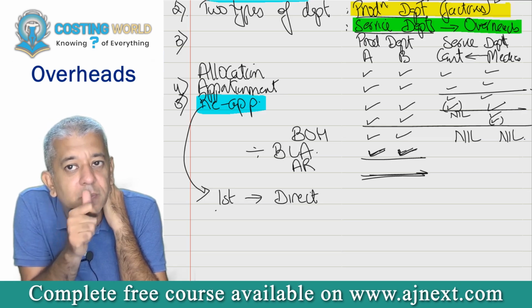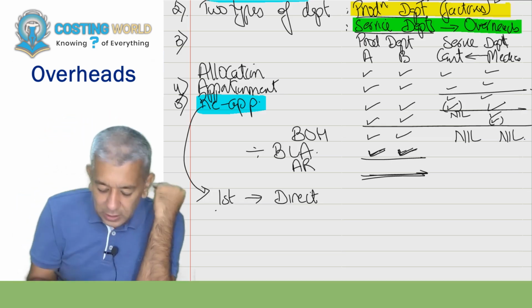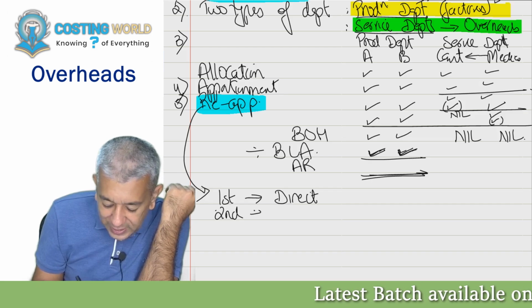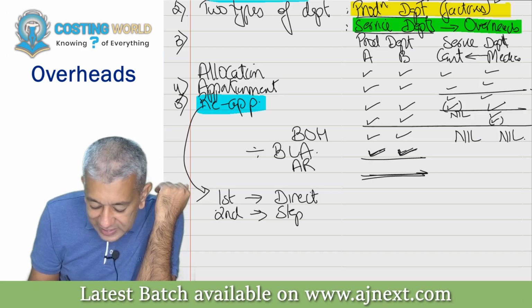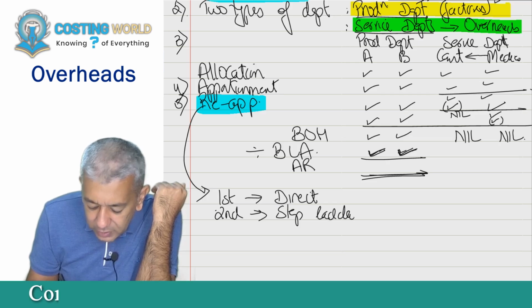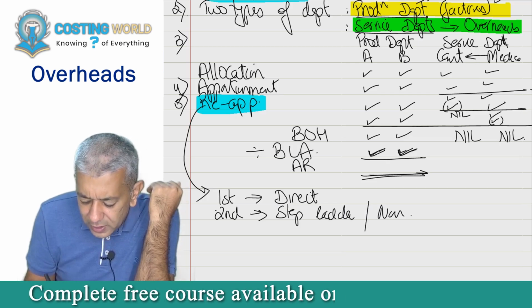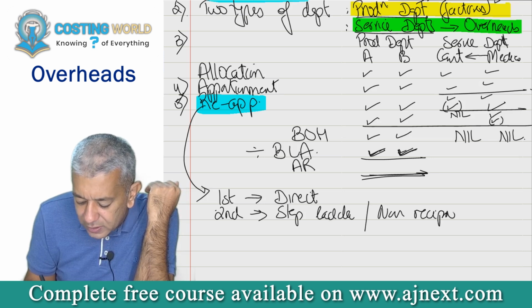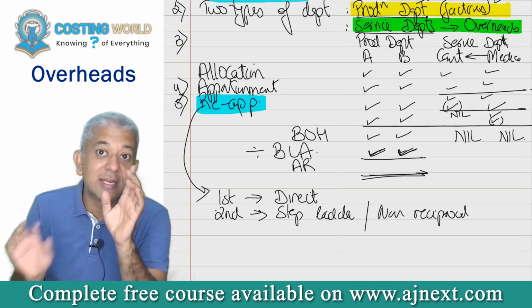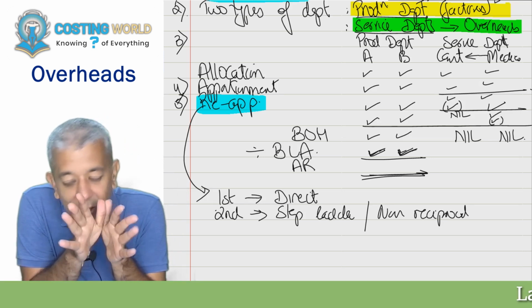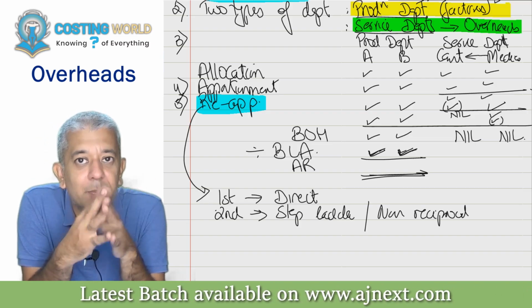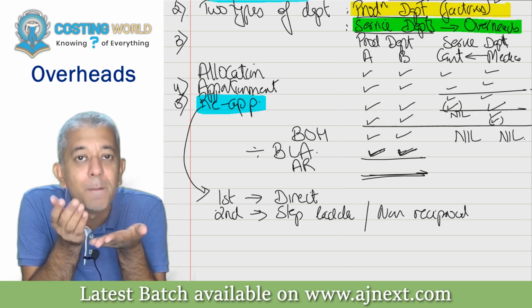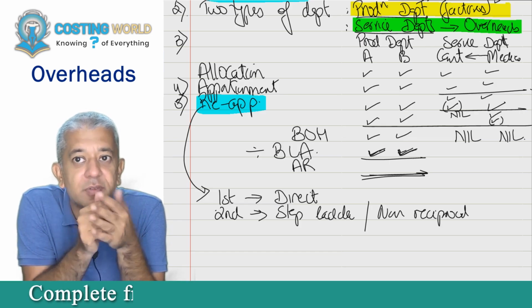Is that all okay? This method, the second case, is called the step ladder method. Some people also call this the non-reciprocal method. I'm saying one line, that is the baseline of this. Under the step ladder method, start with that department that serves the maximum of the other service departments.